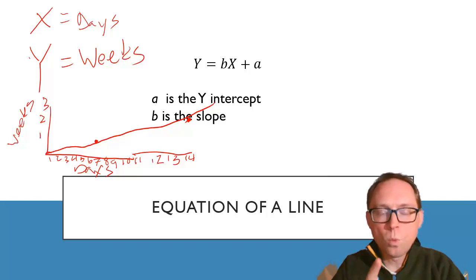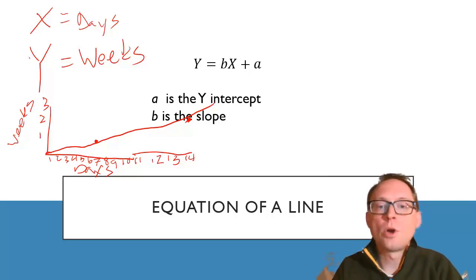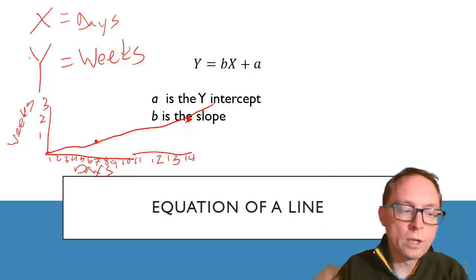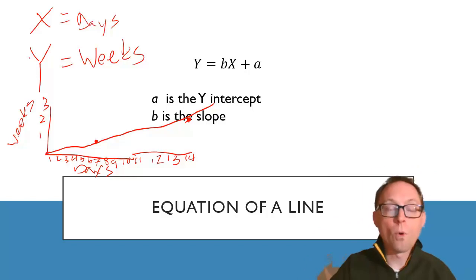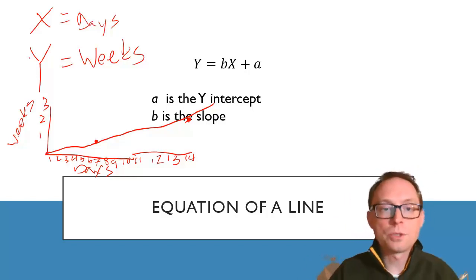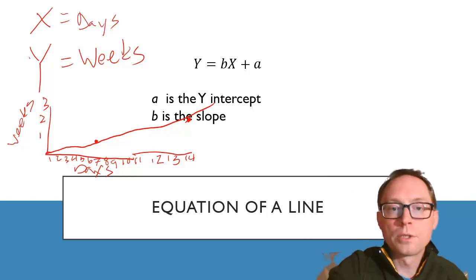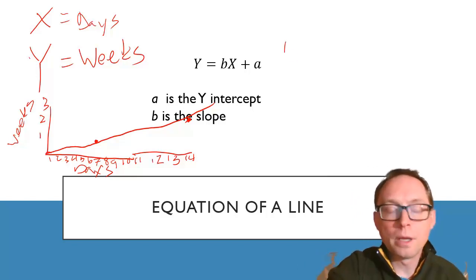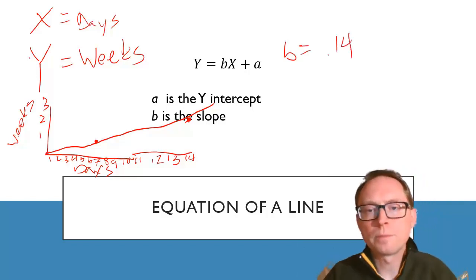So for each 1 day that passes, we go up roughly 0.14 weeks, right? So the slope in this case, b, is going to be 0.14. All right, 0.14.